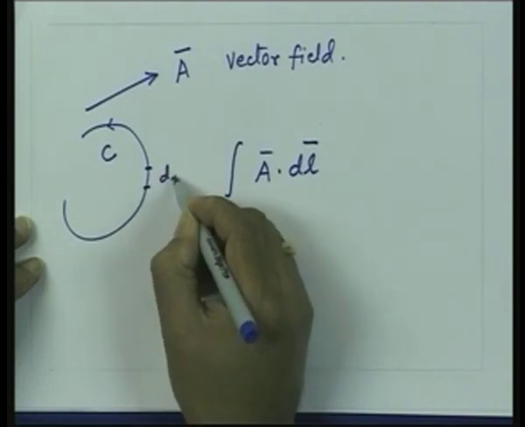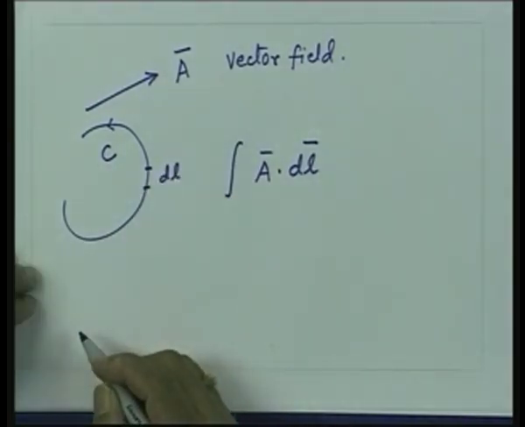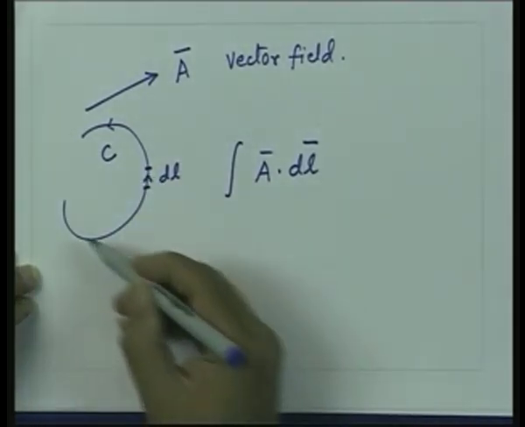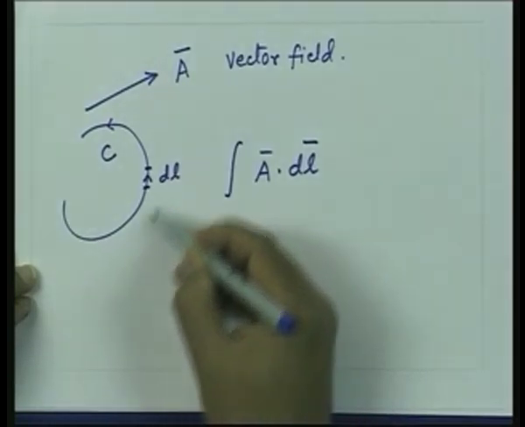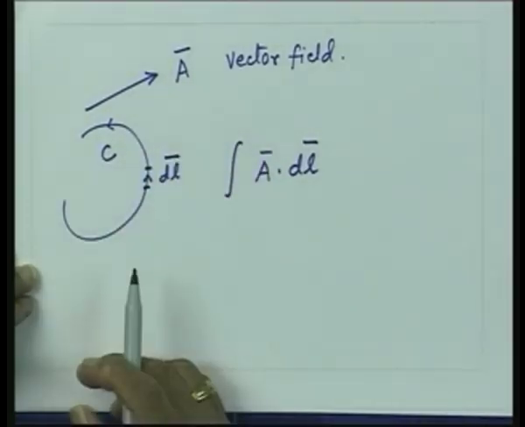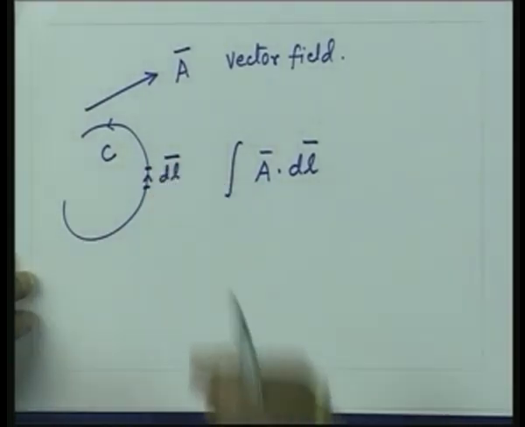So, this quantity is dl, and this is the direction of the segment. If I am integrating along the contour like this, so dl is a vector quantity because it has a length and it has a direction.